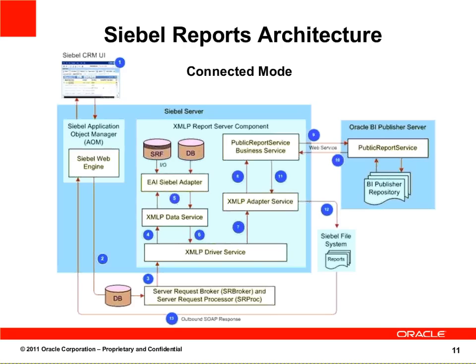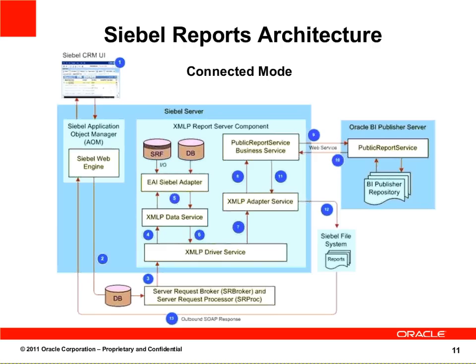You see, this is the EAI Siebel Adapter business service. This is another business service. All that you see with the prefix XMLP are specialized business services which were created, and they are available in Tools. You can see them, you can take a look at them. Obviously, they are not modifiable. So these are specialized business services created for this Siebel to BI integration.